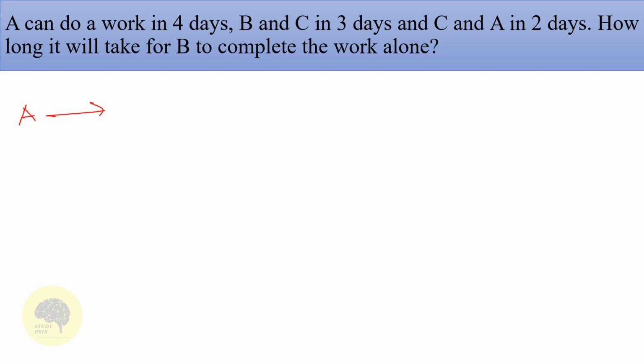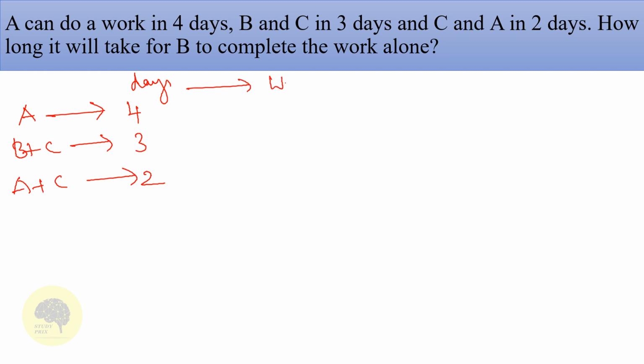A can complete the work in 4 days. B and C together can complete the work in 3 days. A and C together can complete the work in 2 days. First, convert the days into work done in 1 day.